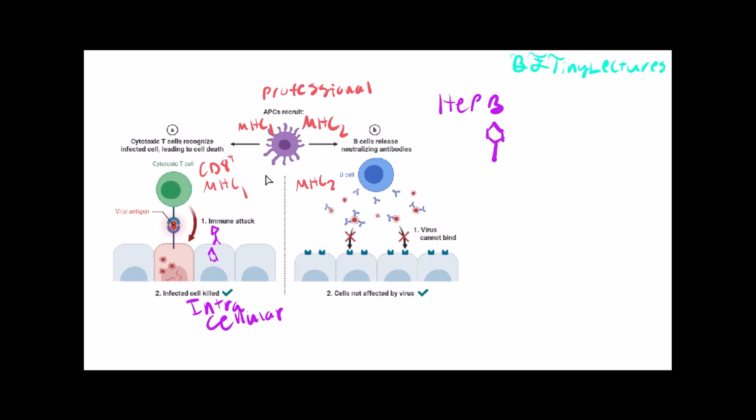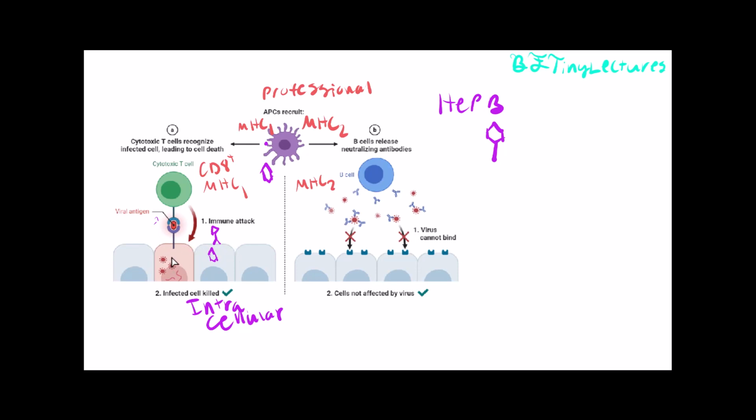We want the dendritic cell to take this virus and to recognize that it is foreign. When it takes in the virus, it breaks it down and it presents part of the little viruses, the viral antigens, on the major histocompatibility 1 complex. It now presents it to the cytotoxic T cells. Now the cytotoxic T cells are going to have the viral antigen right there, and they're going to be looking for it on the exterior portion of the friendly cells.